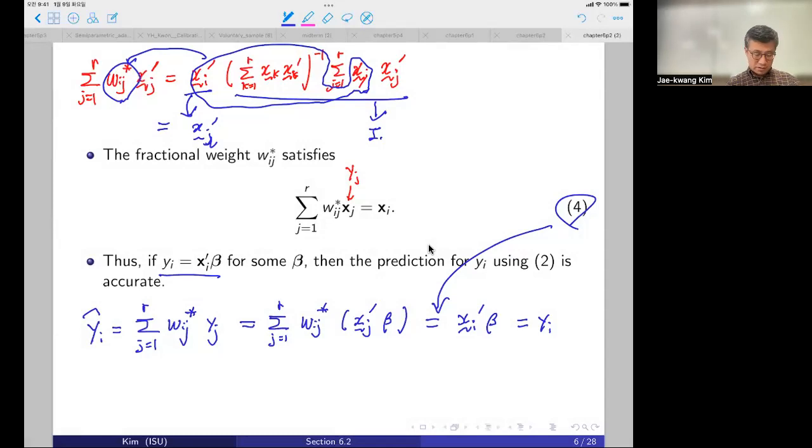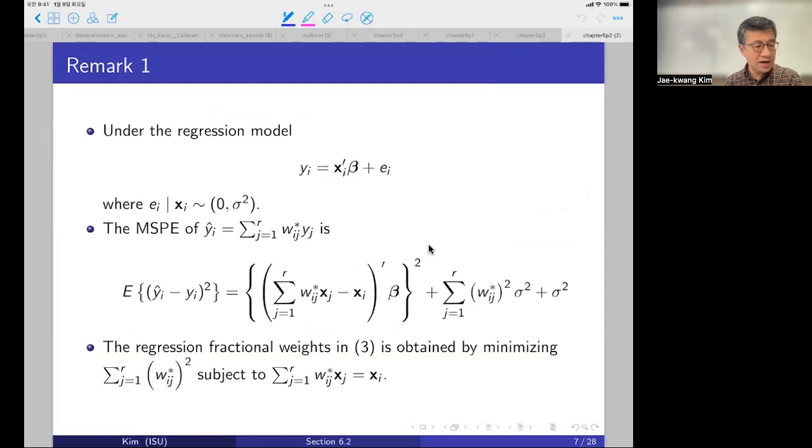Now, first remark is this. In general, you have an error, right? So if you use this linear class as a predictor, then what is the mean squared prediction error? Under this model, you can write it. So you plug in here, right?